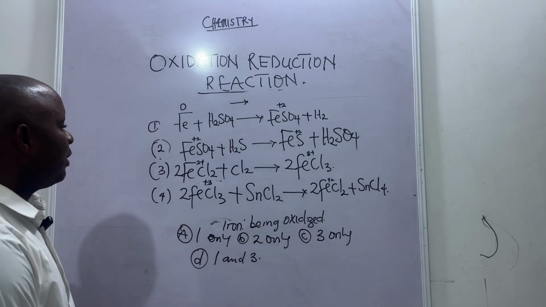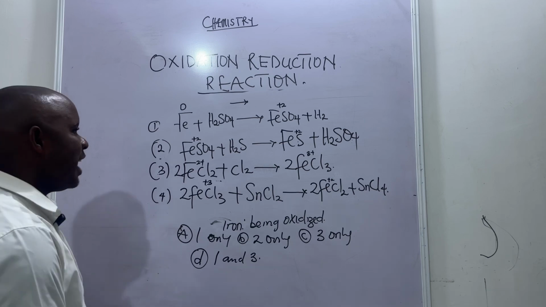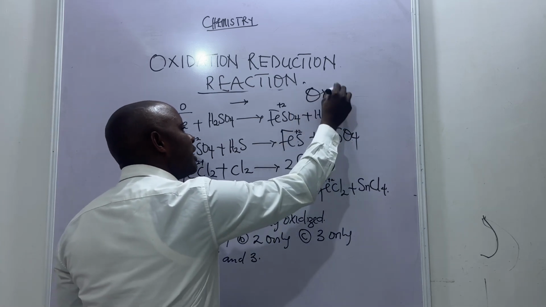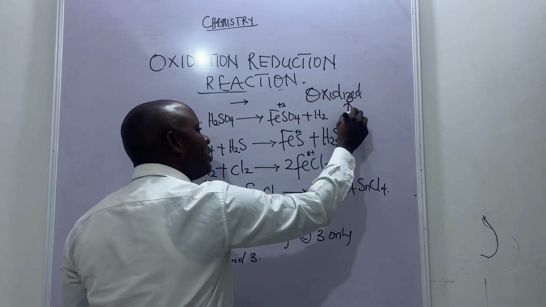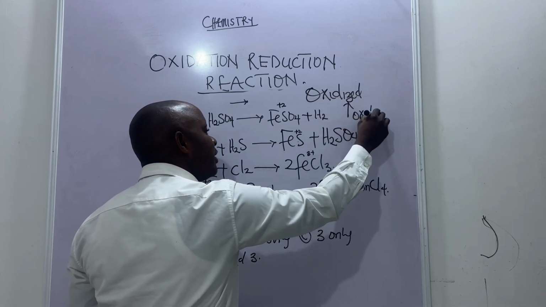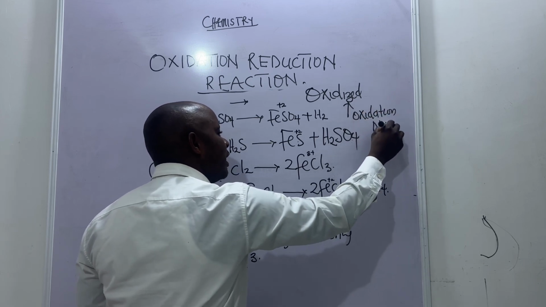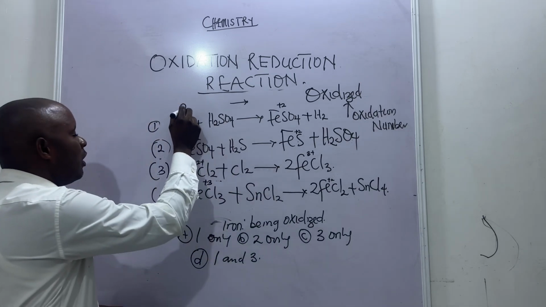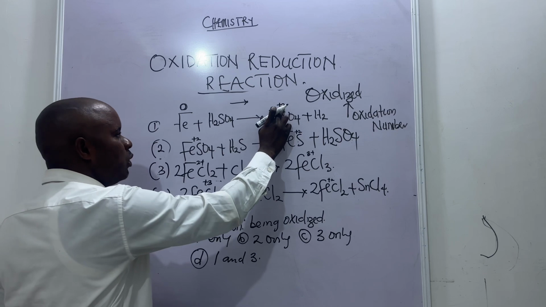So from this, what can we say here? Any part of a given equation that is oxidized, there's an increase in oxidation number. For this equation, iron moved from 0 to plus 2.